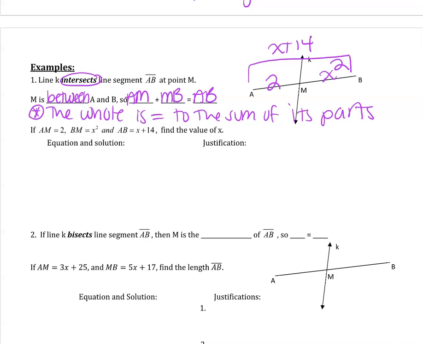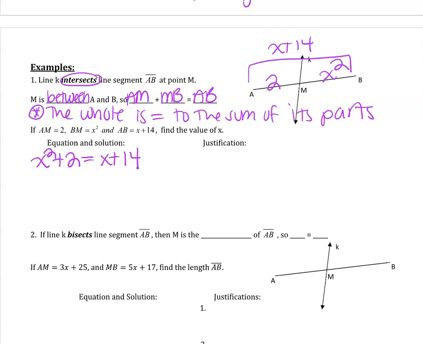I can set up my equation by saying part plus part equals whole, or x squared plus 2 equals x plus 14. Now, before I solve it, you'll notice there's a justification on the right-hand side. This is where I'm going to get really nitty-gritty with you, and I need you to explain why you knew to set up the equation that you did.